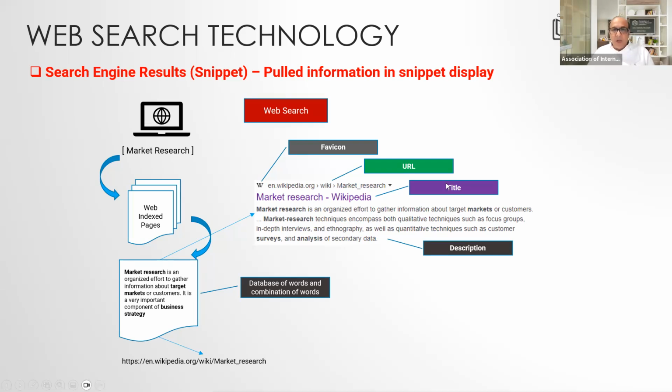So description part, title part, URL, these are the three major elements of a snippet that need to be understood in the sense of where this information is pulled. Obviously, this is pulled from a page or an individual index page. So it is actually representing a single page.